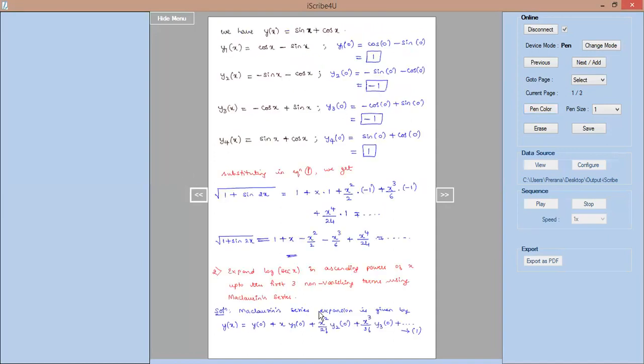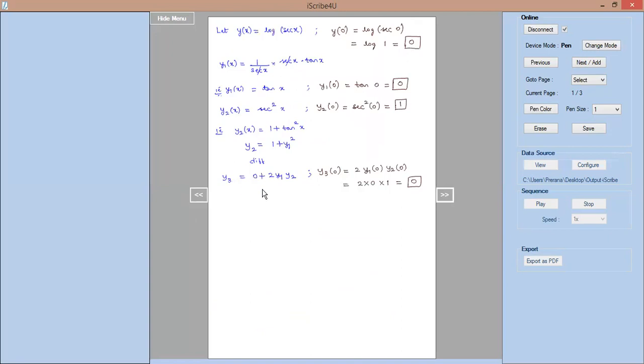So until now we have obtained only one non-vanishing term. The question says until we obtain 3 non-vanishing terms, we have to obtain the Maclaurin series. So we proceed further to find out the next differentiation. So y4 of x is equal to, once again when we differentiate the function y3 of x, we obtain y4 of x, which is 2 into product rule.